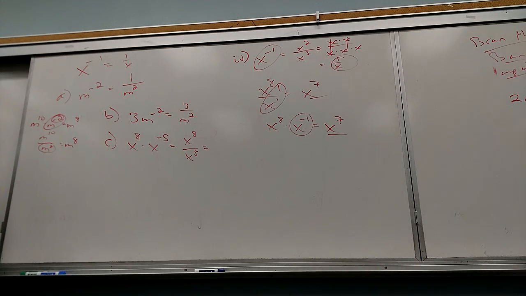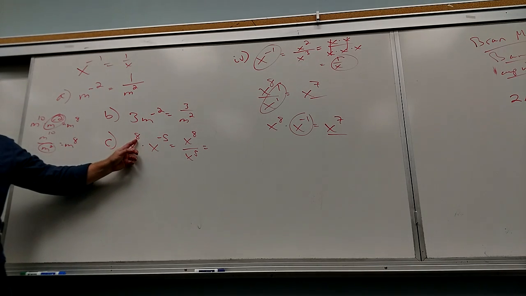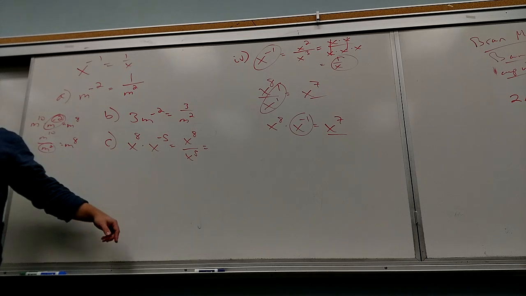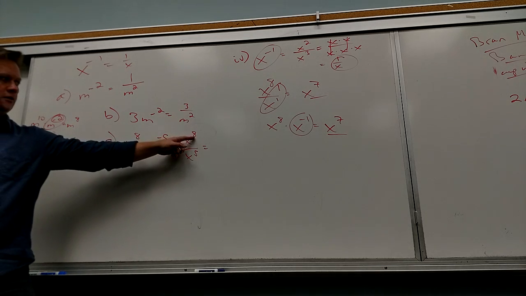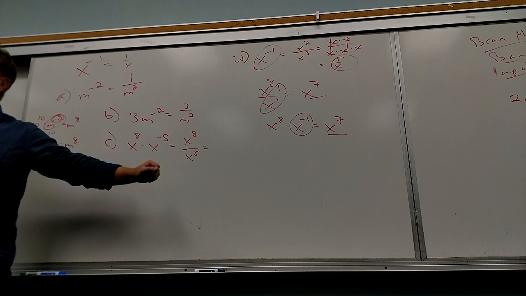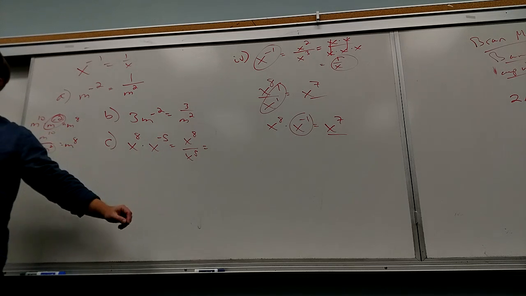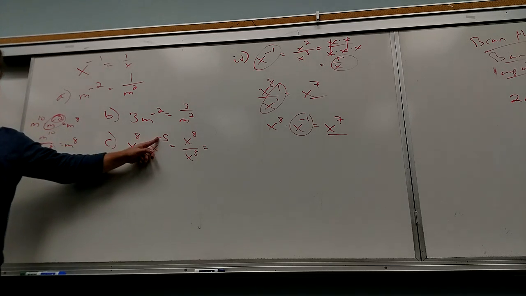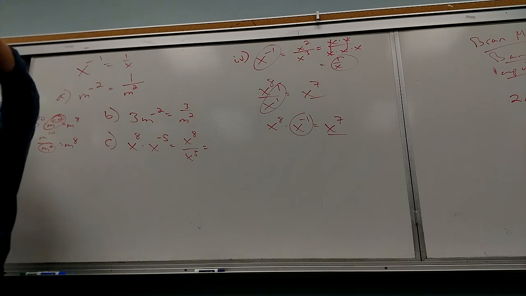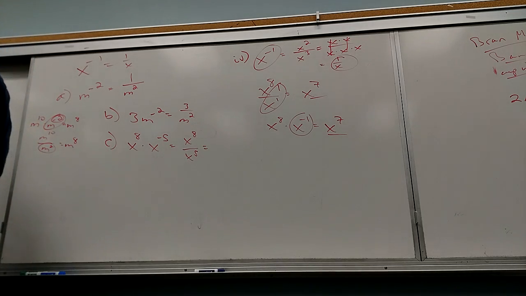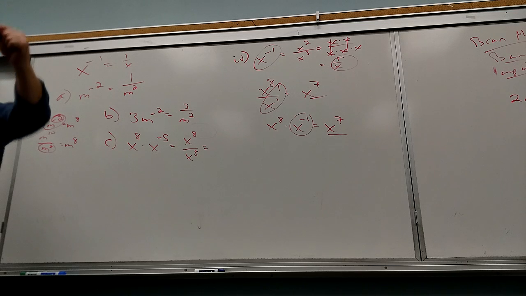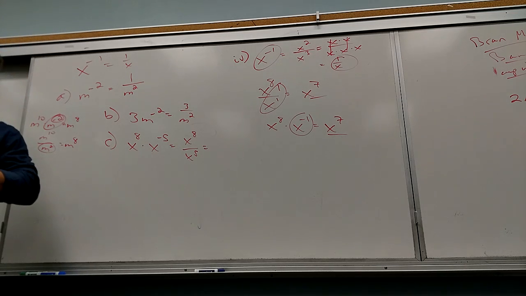If it makes more sense to you, but to be honest, what would you do here? 8 minus 5 is 3. Do you see how that property of dividing means subtract powers? So if the power itself is negative, it's as if it's being divided. So this whole idea of flipping it makes complete sense. It's my hope.